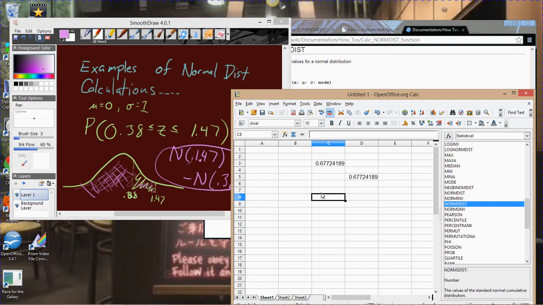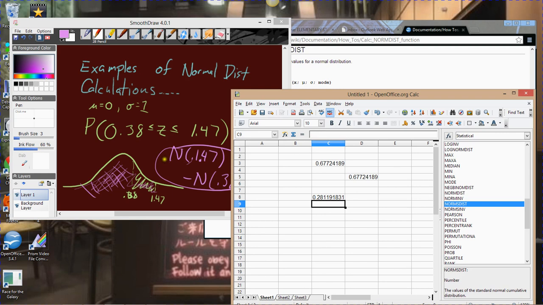So go back here, say this is equal to normal distribution. I'm just going to do the standard one to save time, but minus standard normal distribution of 0.38. Alright, so the probability that you're in between 0.38 and 1.47 is 0.28.